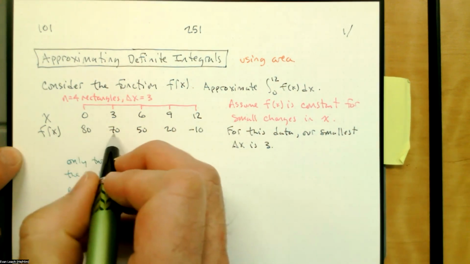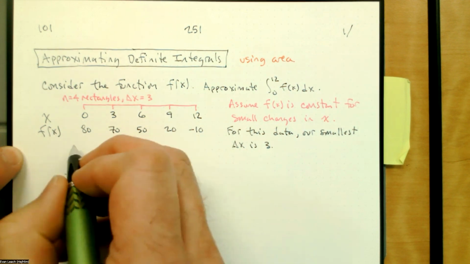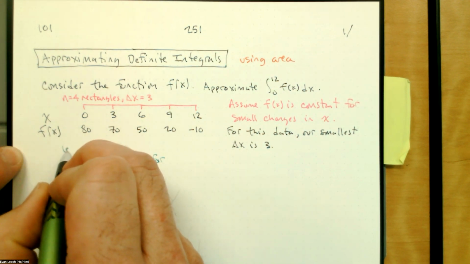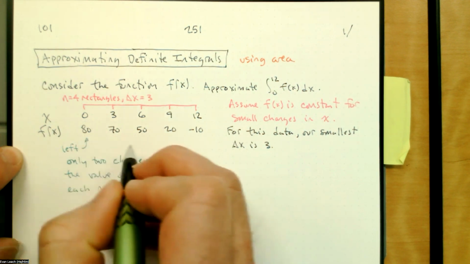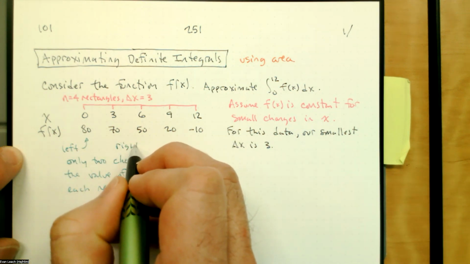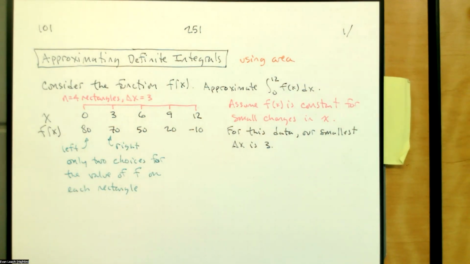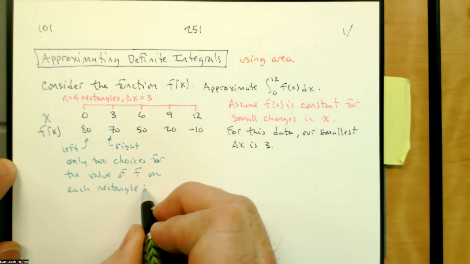For this first one, from 0 to 3, I can choose 80. That's going to be on the left endpoint. Or 70 over on the right endpoint. So I have 2 choices on each of the 4 rectangles, left or right endpoints.